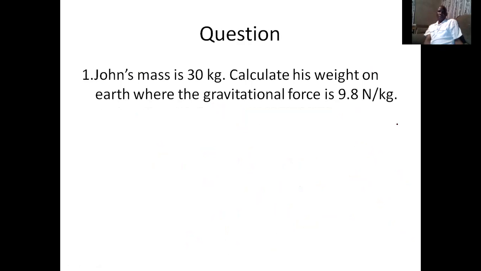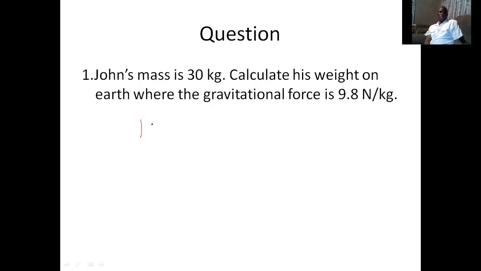And so now we want to apply the equation. This is the equation. John's mass is 8 kg. Calculate his weight on Earth, where the gravitational field strength is 9.8 newtons per kg.